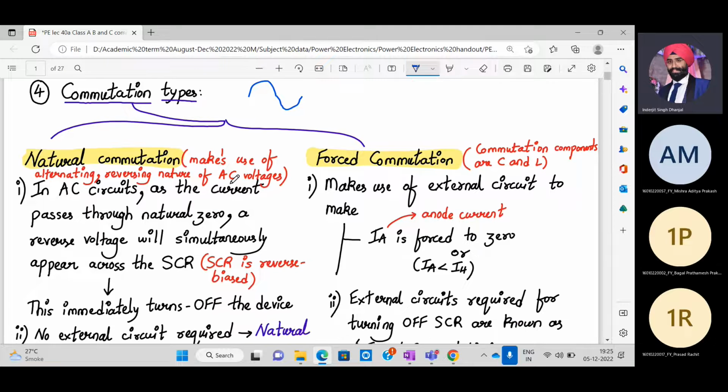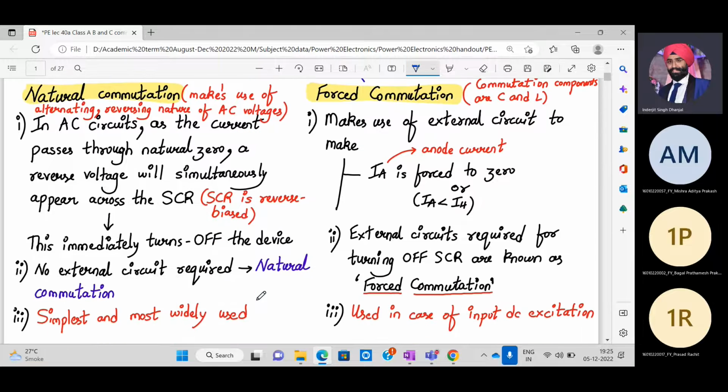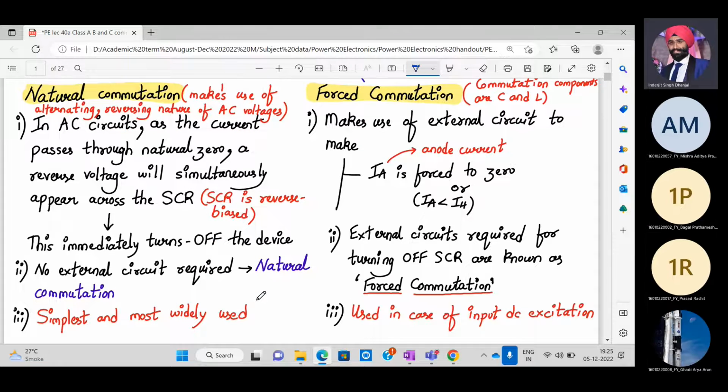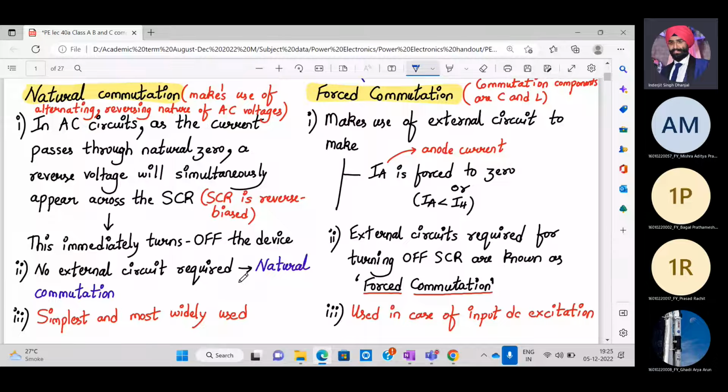Whenever we have a negative cycle, the current passes through a natural zero, and simultaneously a reverse voltage appears across the SCR, making it reverse biased and hence turning off the device immediately. So in natural commutation, no external circuit is required.